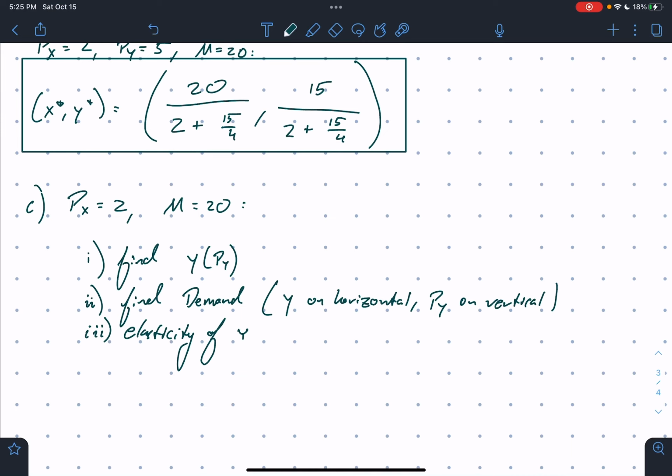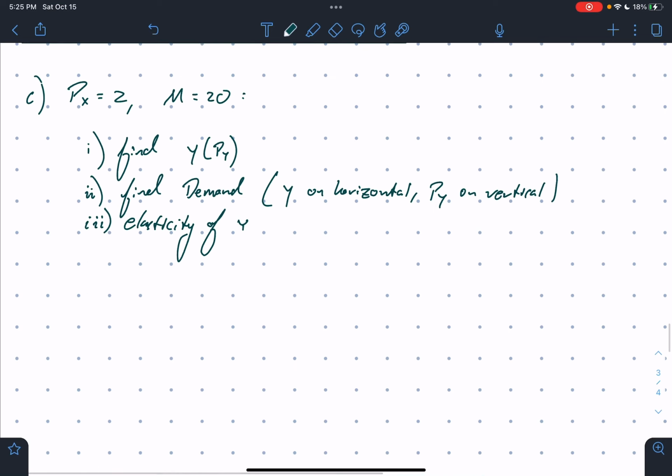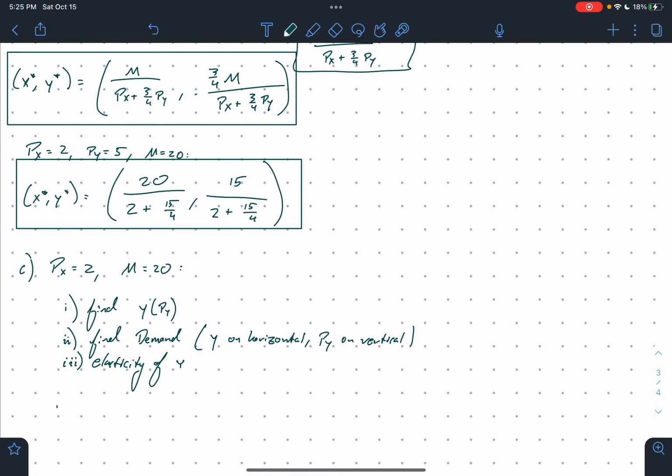Okay. So the way we do this is first we want to find y of py. The good thing is, like I said, we already found the equation for y. We have y of py up here, we know that it's 3/4 m over px plus 3/4 py. We just substitute in m is equal to 20 and px is equal to 2, and then we'll have the amount of y consumed as a function of py.